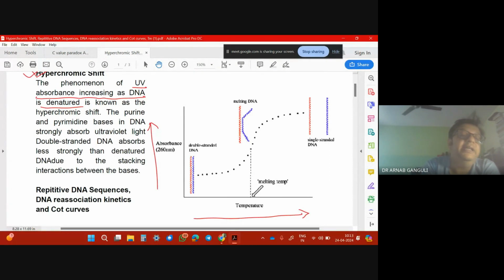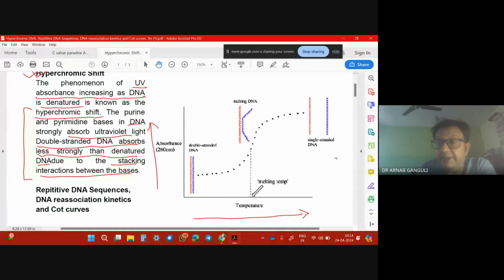This phenomenon is known as the hyperchromic shift. The purine and pyrimidine bases in DNA strongly absorb UV light, and double-stranded DNA absorbs less strongly than denatured DNA due to the stacking interaction between the bases. So when the DNA molecule is something like this.